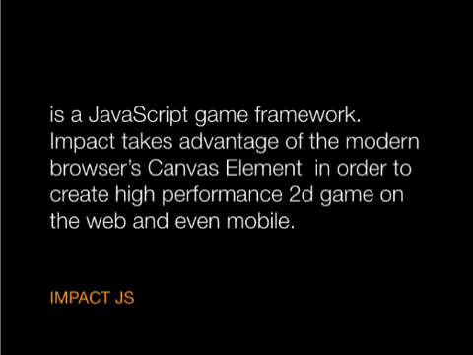Impact is really geared towards 2D side-scrolling games, although there are a lot of people out there doing some pretty interesting things with the engine. That being said, you can still get hardware acceleration, and the performance is actually quite incredible, even on mobile devices now. There are limitations, such as on the iPad, you don't get audio through iOS, but on the latest iPad and the second-generation iPad, I'm able to get even 60 frames per second on my games.